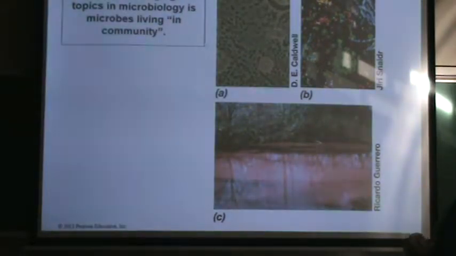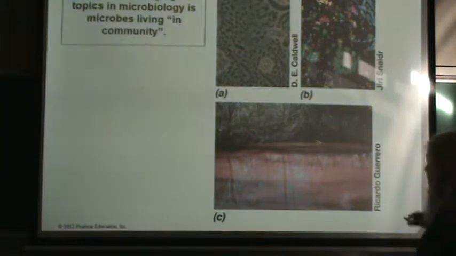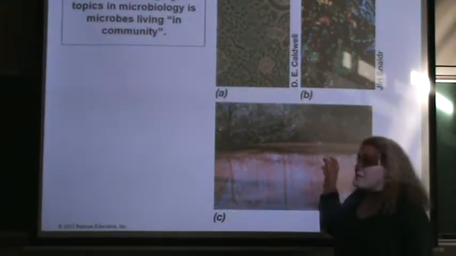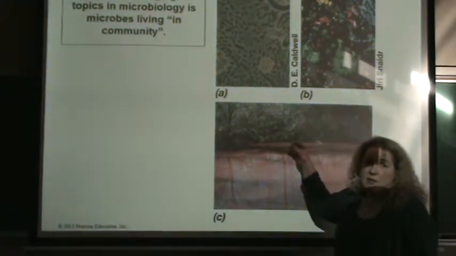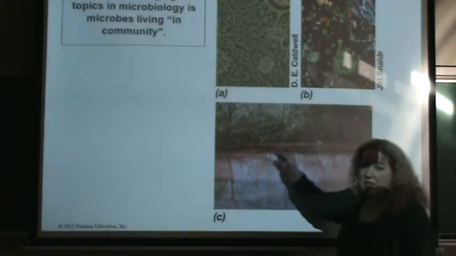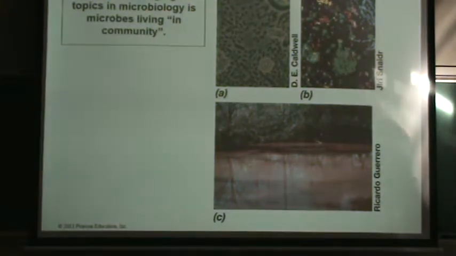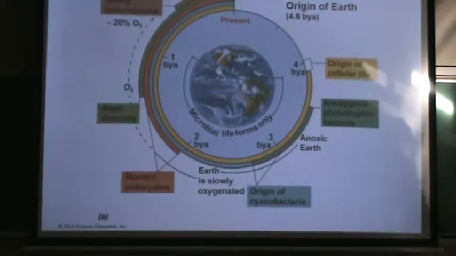We live in community with our own microbial flora, and that relationship is important. So we will study how they behave individually, and also what their effects are on their communities, and how their environment affects them. So there is some aspect of ecology in what we talk about in this class too.